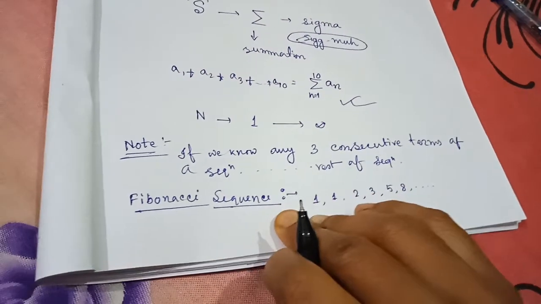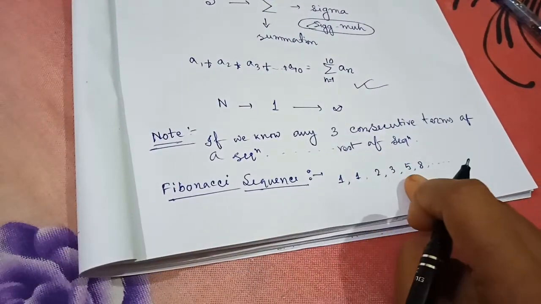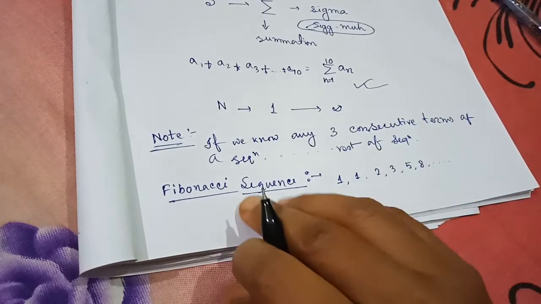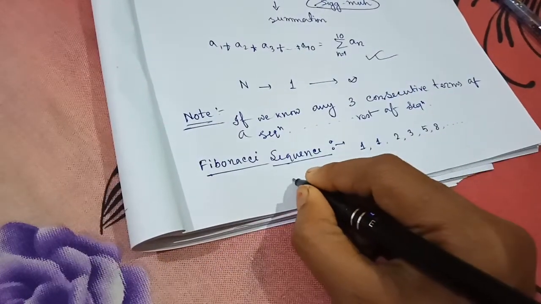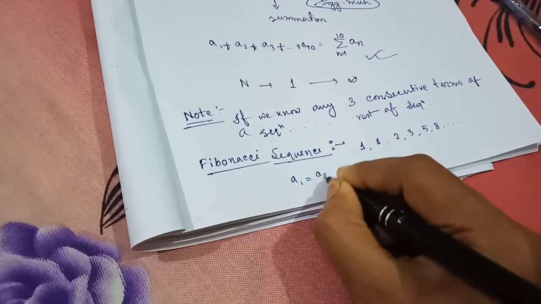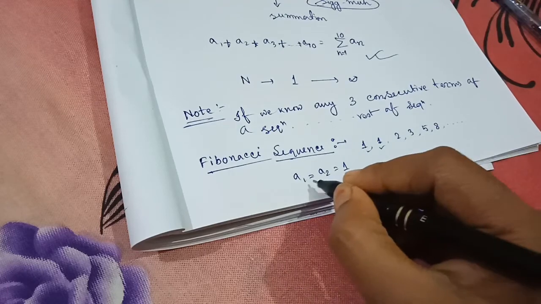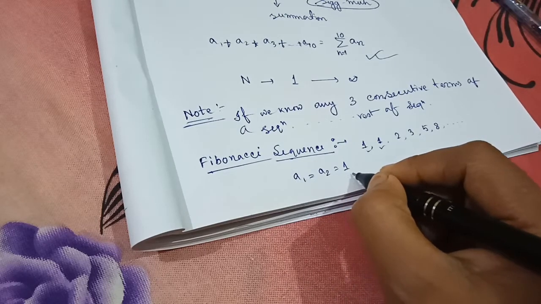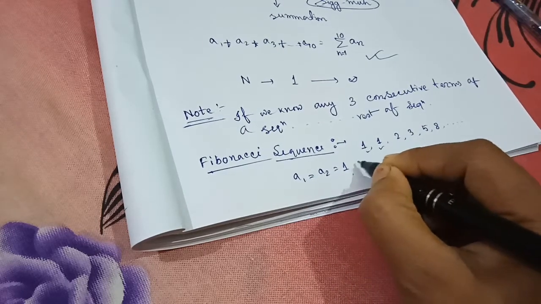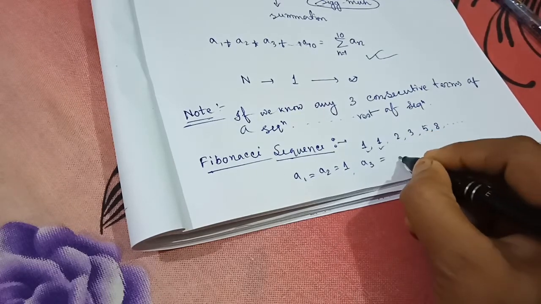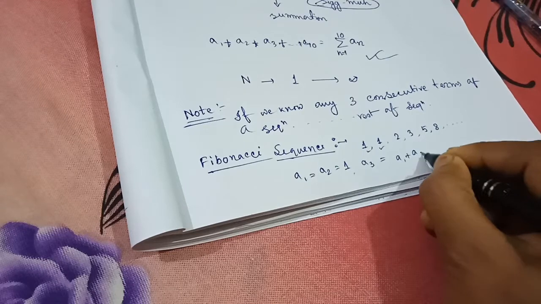But this sequence can be generated by the recurrence relation given as a1 equals a2 equals 1. Now look from a3: a3 is a1 plus a2.